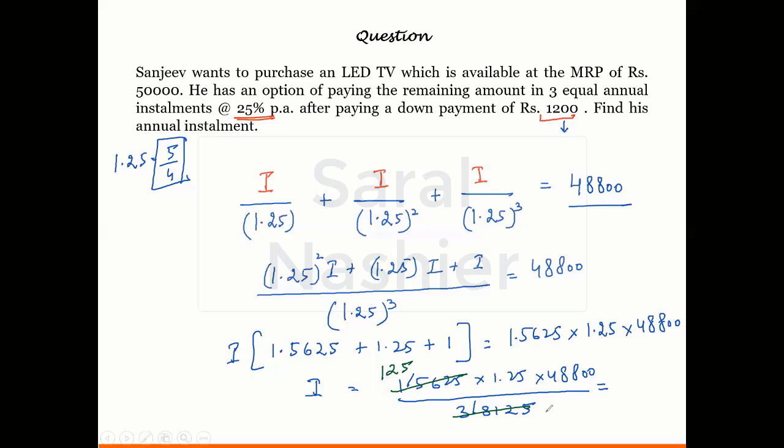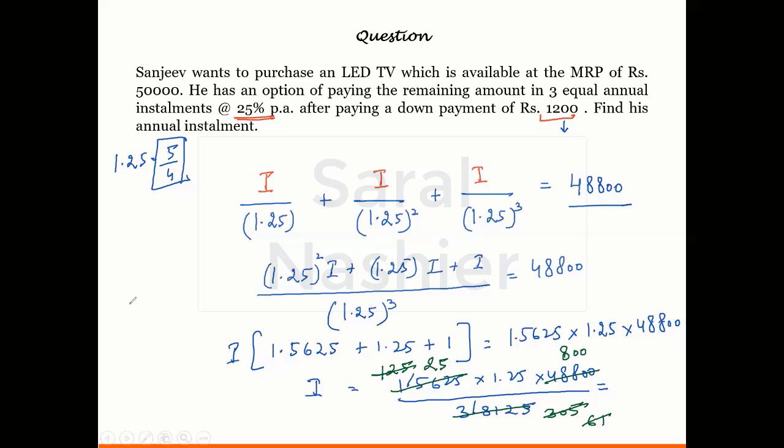So 125 3s are 375, and then 6 is there, which is 0, and 125 5s are 625. By another 5 you can cancel them out. 5 6s are 30, 5 1s are 5, and then 5 into 25 is 125. You will see that this is completely divisible by 61. 61 into 8, right? And therefore only 1200 was chosen.